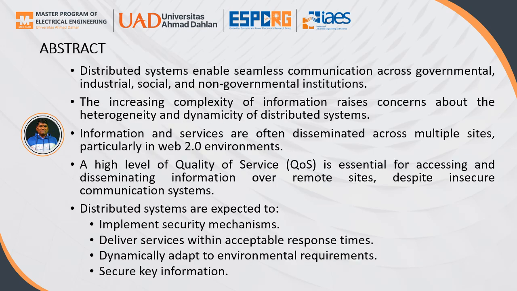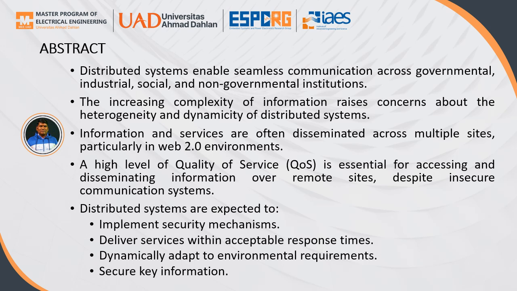The abstract of the research article is: distributed systems enable seamless communication across governmental, industrial, social and non-governmental institutions. The increasing complexity of information raises concern about the heterogeneity and dynamicity of distributed systems. Information and services are often disseminated across multiple sites, particularly in the Web 2.0 environment.